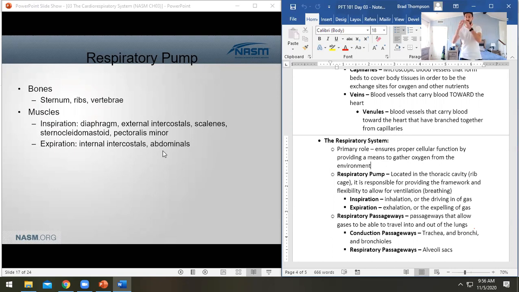That's its contraction. It rests like this and it contracts like that. So it rests, contracts, rests, contracts. And when it flattens down like that, that's drawing my lungs open. So when I contract that down, air comes rushing into my lungs. Then when it relaxes, air pushes out of my lungs.